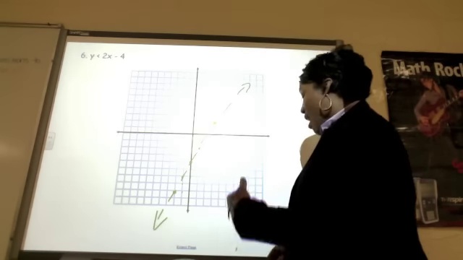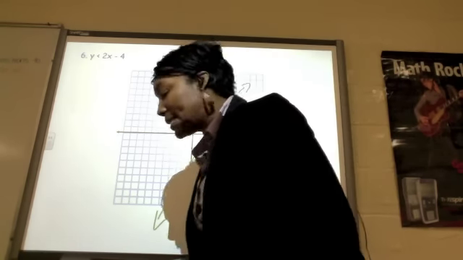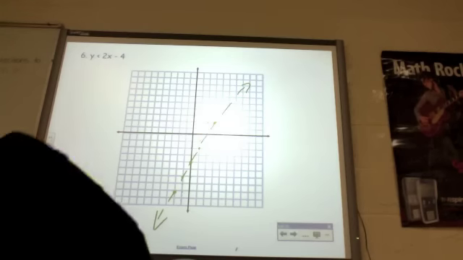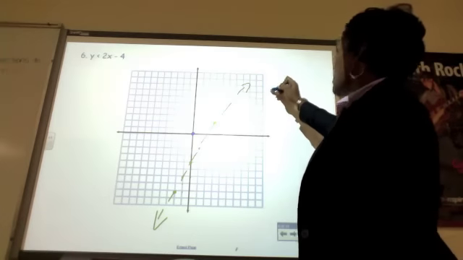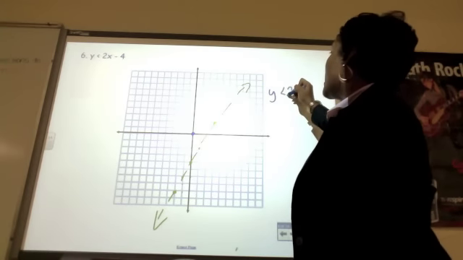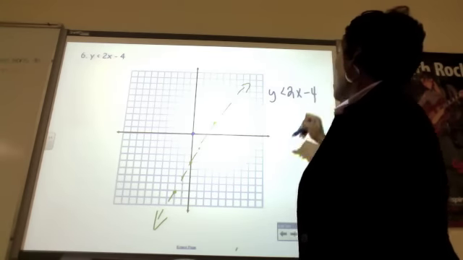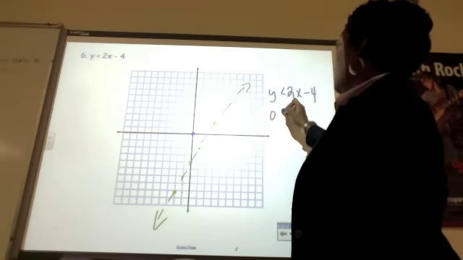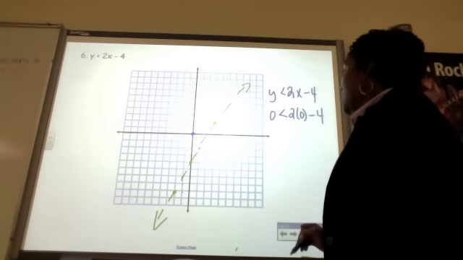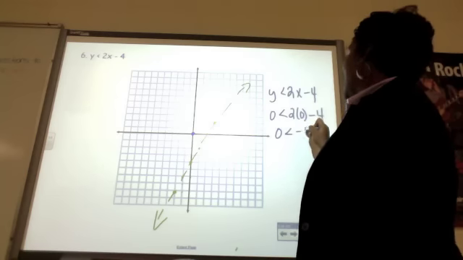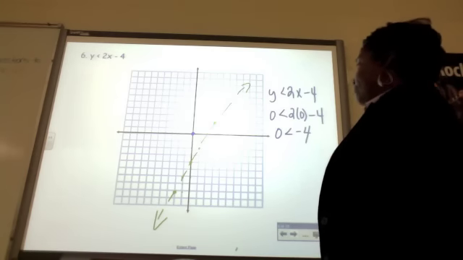Okay, our favorite point is not taken. Here it is, 0, 0. And the equation is y is less than 2x minus 4. 0 is less than 2 times 0 minus 4. So 0 is less than negative 4.